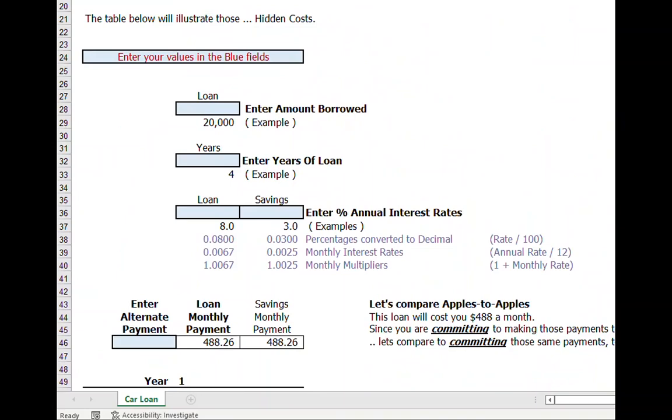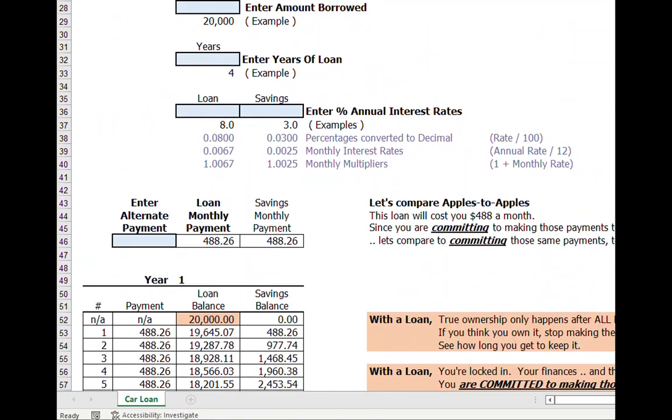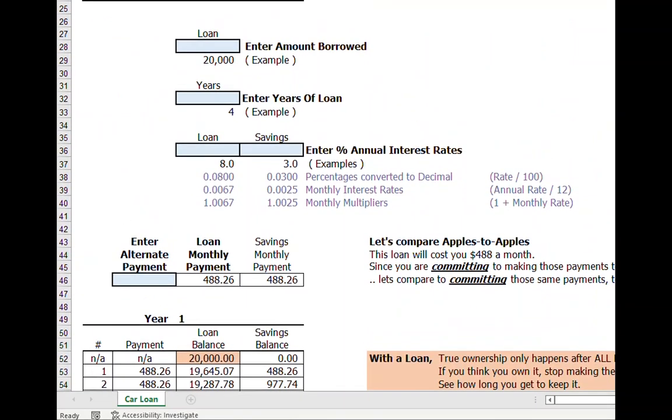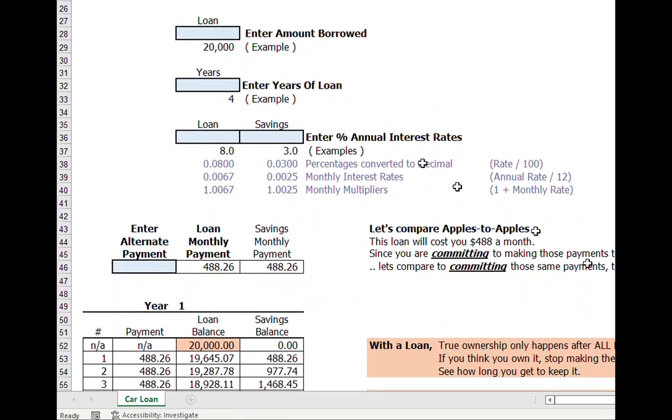So up here, you can enter $8,000 for your loan. And we see that the payment then drops to $195 for 4 years.